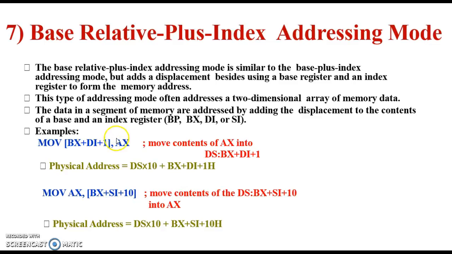So whatever the content of register AX is copied into this memory location. A similar example is move AX comma in bracket BX plus SI plus 10. So it moves the contents of DS colon BX plus SI plus 10 into the register AX.